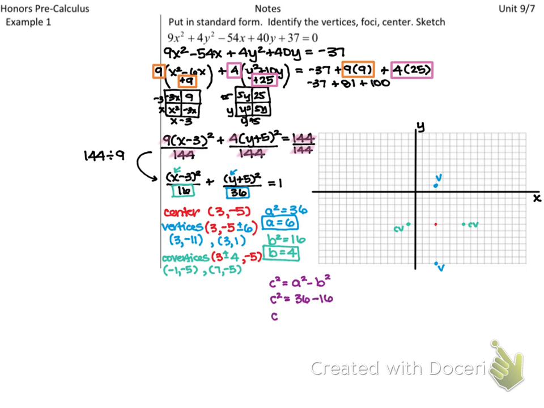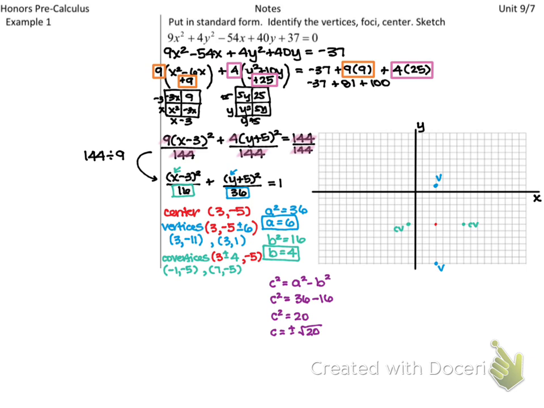So I know that c squared is equal to 20, which means c is plus or minus the square root of 20. You can simplify it if you want to. I'm good if you don't. What this says is that you are going to start at the center. So I'm over on my picture, and I'm going to go up and down the square root of 20 from there.